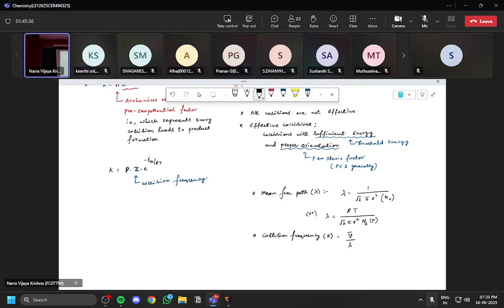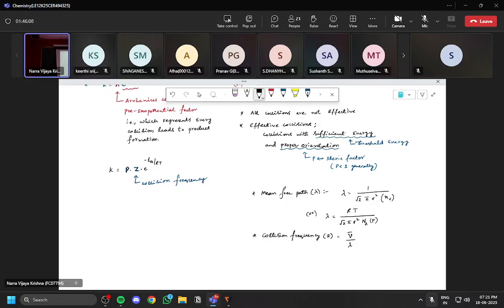Lambda means the distance traveled between collisions, and nu bar is velocity. From one collision to the second collision, this is the distance traveled. How will you calculate the number of collisions per second? Lambda means how much distance is traveled from one collision to the second.